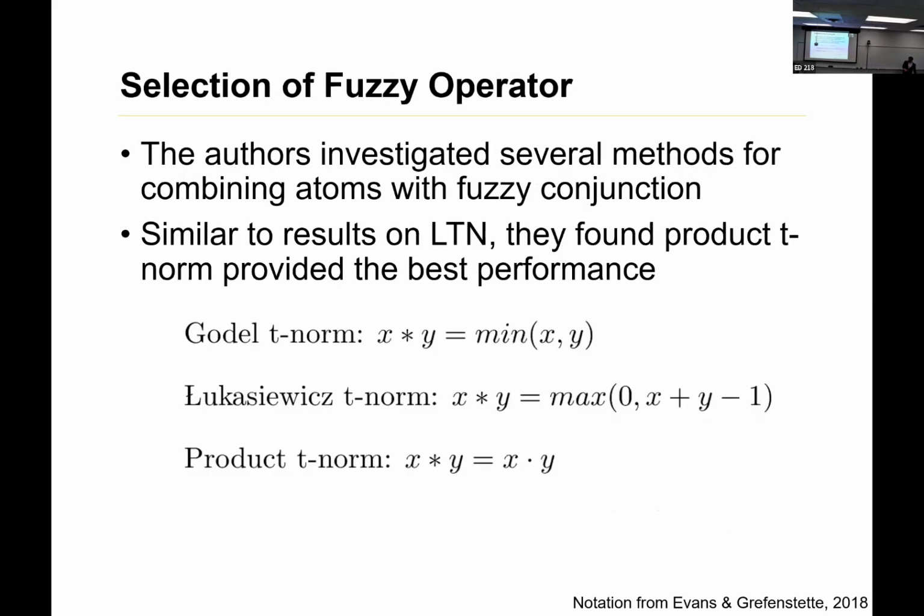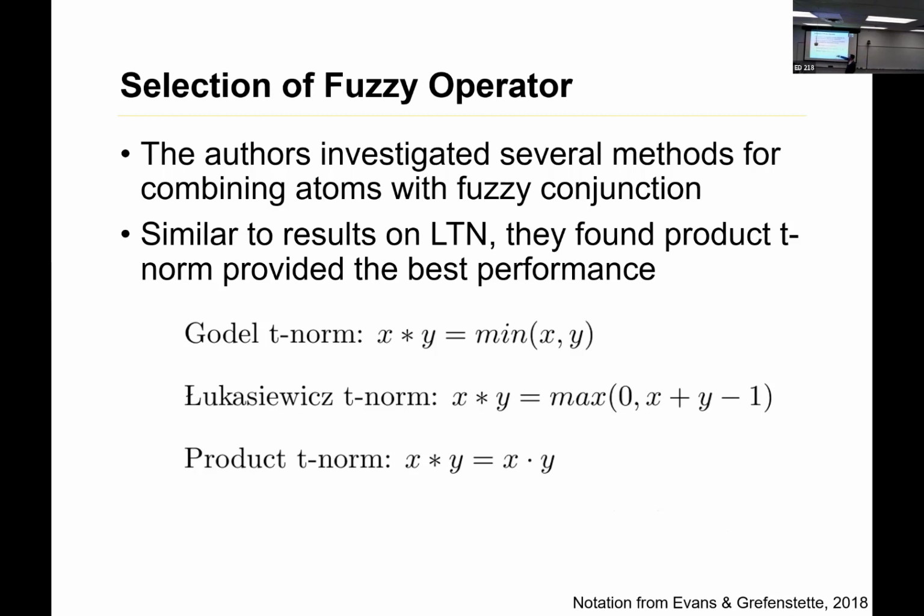All right, so one more thing. We had that function f, where I said, hey, the rule gives the result that goes into the vector, but I never said how it was done. The fuzzy logic behaves the same way as in logical tensor networks, and since the bodies of all rules are conjunctions, the authors explored a couple different things.